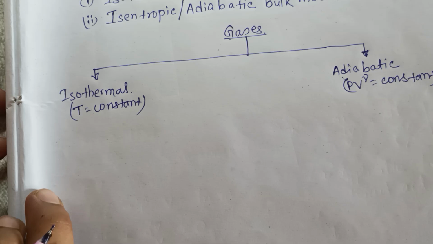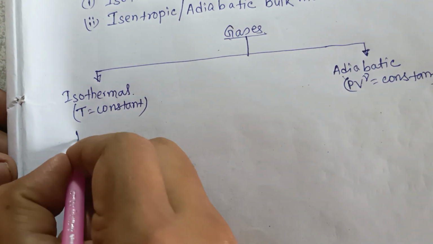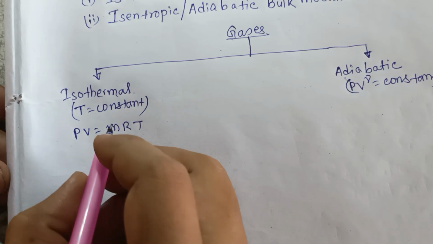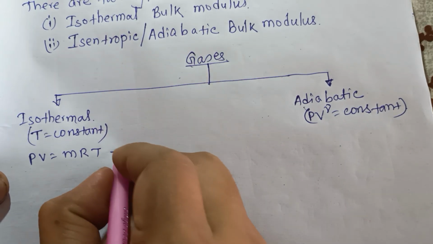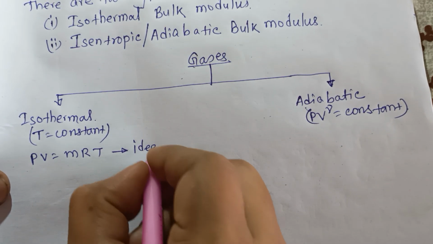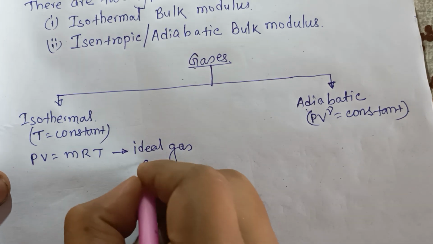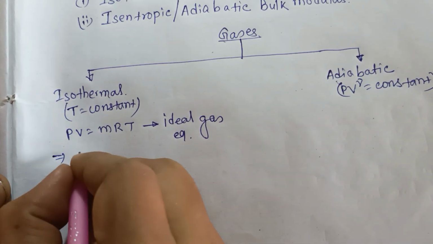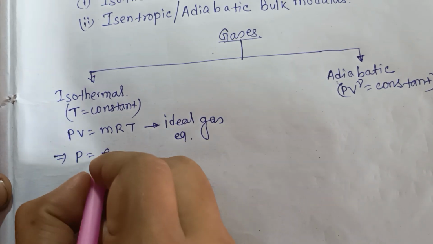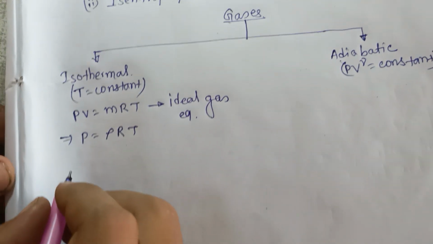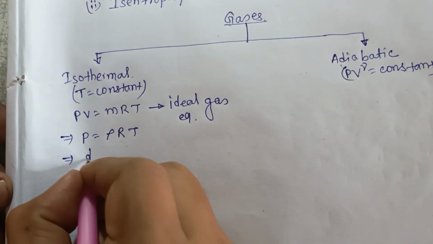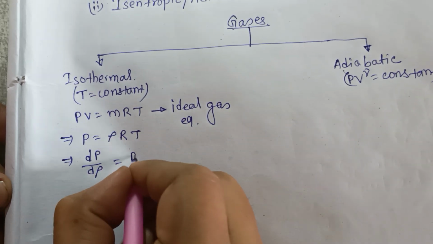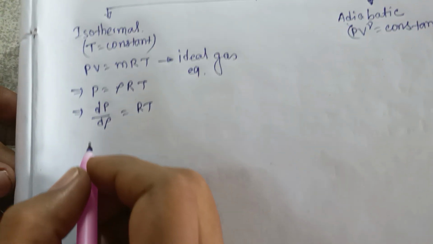Now for the isothermal case, we know the ideal gas equation PV equal to mRT. So this is the ideal gas equation. From here, P equal to m by V times RT, that is rho RT. So from here dP by d rho, if you calculate, is equal to RT.